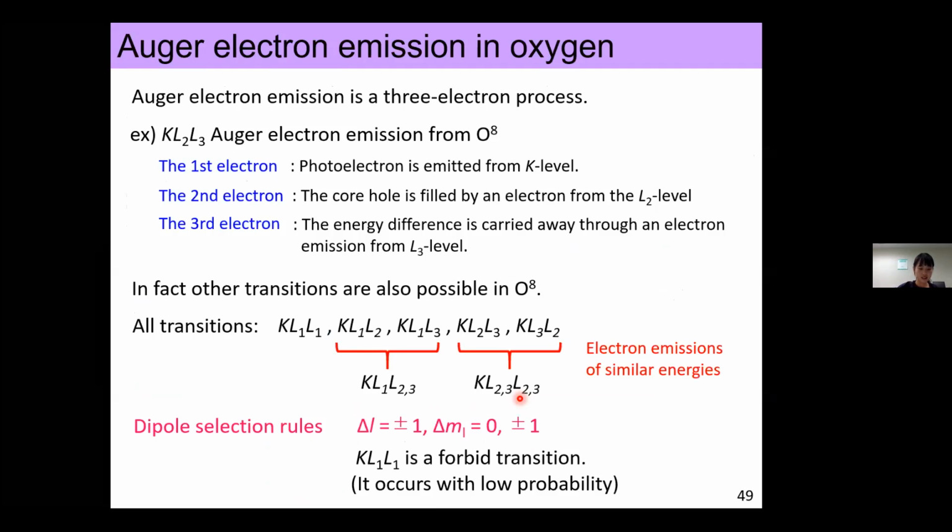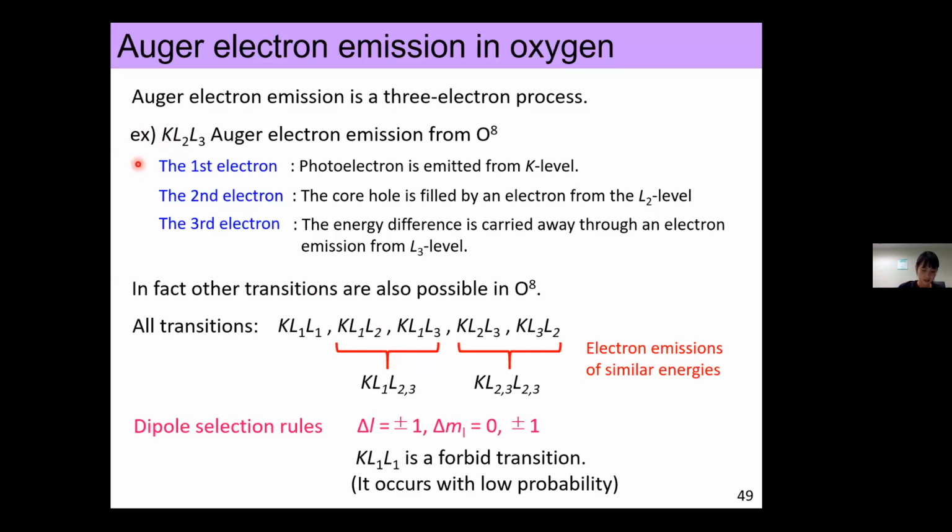Then next, let's think about representation of Auger electron emissions. Auger electron emission is a 3-electron process. Here I show KL2L3 Auger electron emission from oxygen as an example. In this process, the first step is that a photoelectron is emitted from the K level.